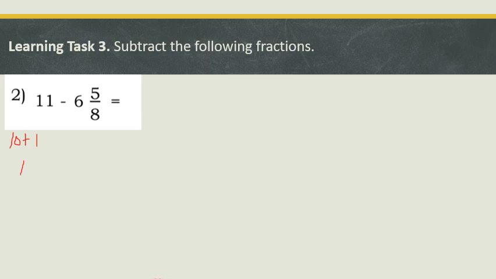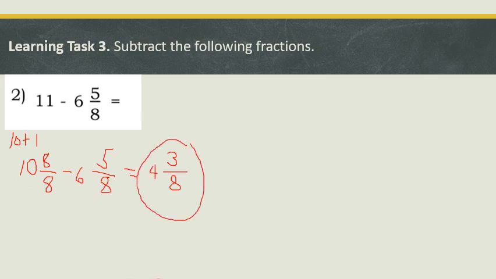So, siya ay magiging 10 and 8/8 minus 6 and 5/8. So, since pareho na sila ang denominator, copyhin na natin yung denominator. Then, 8 minus 5 is 3. 10 minus 6 is 4. So, kaya ang answer natin sa number 2 is 4 and 3/8.